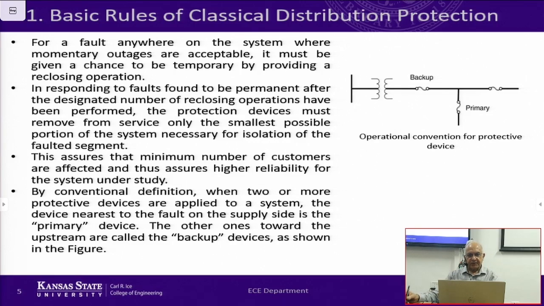And then in terms of terminology, if you have two devices which are next to one another, for example, in this particular case, you have a fuse here, another fuse here, and then a fuse here.